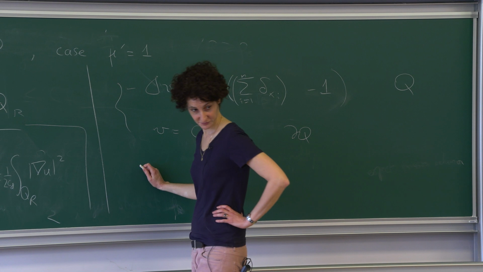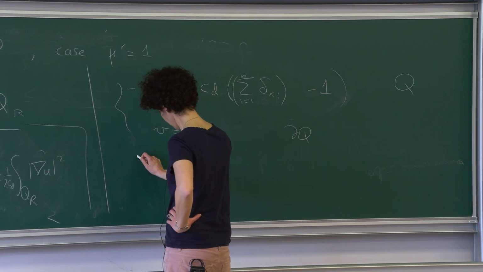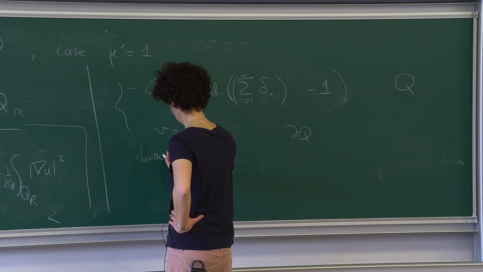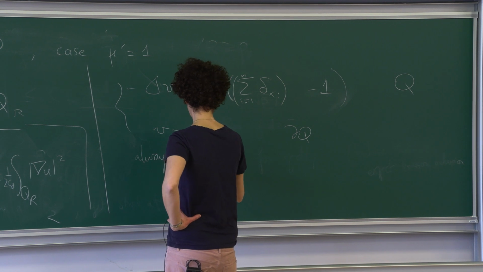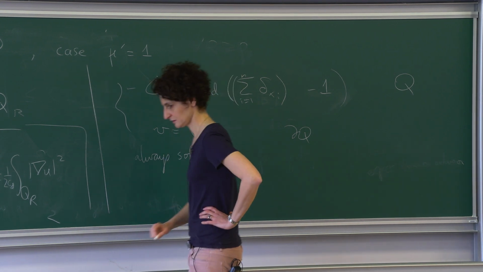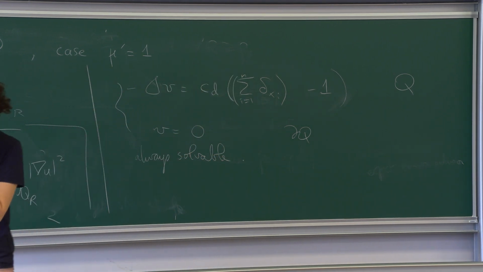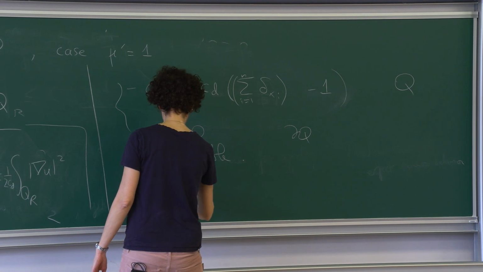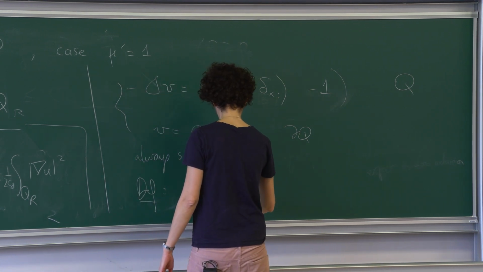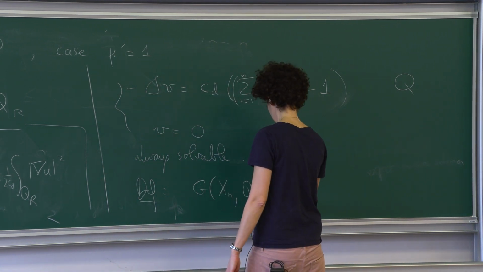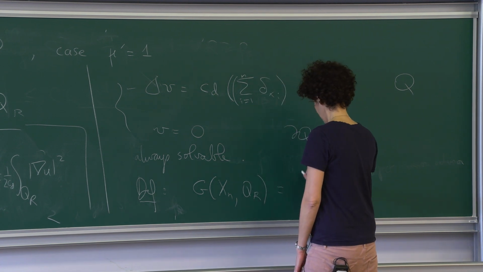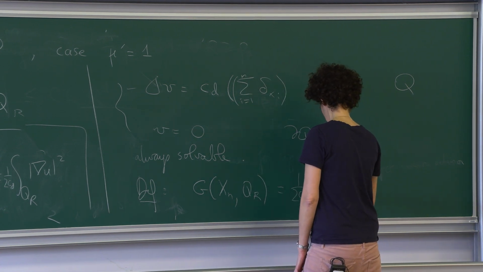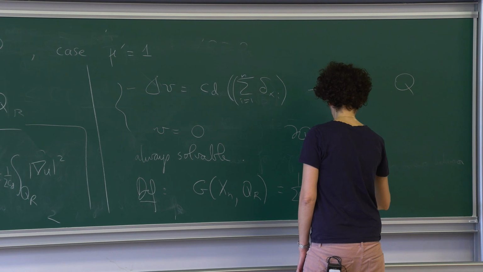Now, if you've taken linear PDEs, this is always solvable, doesn't matter how many n's you have. And you define your energy, G, of x_n in the cube, to be again this thing, but renormalized.